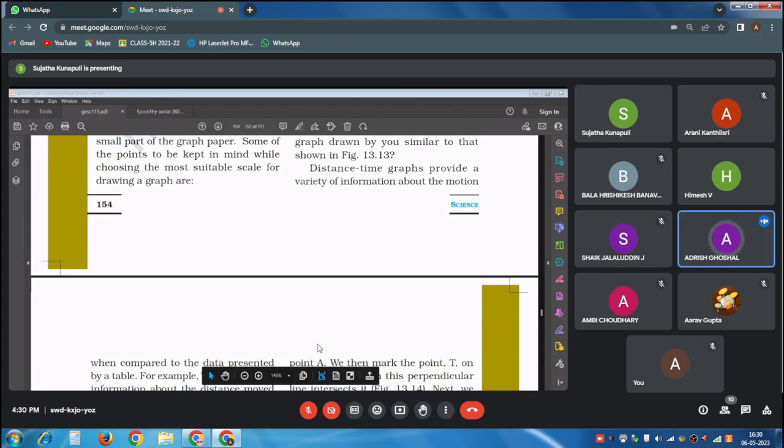Ma'am, in this textbook it is ninth. Ninth chapter, okay. It is chapter number 1 in one book, but now it's 9. But here also we need to check. One minute, wait.